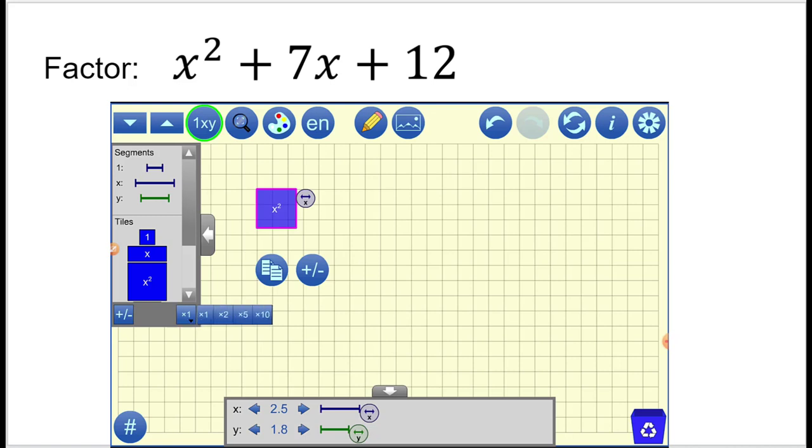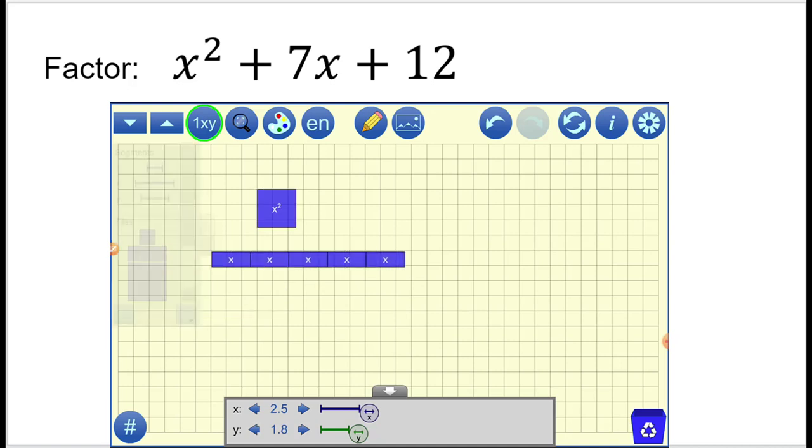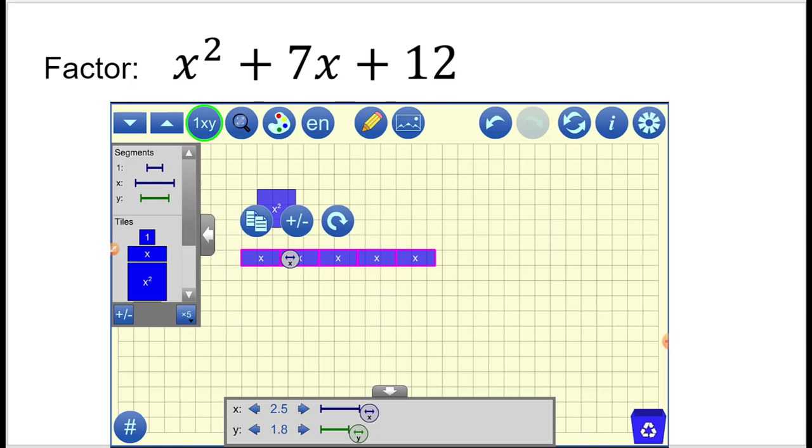The other cool tool they have here is this little multiplier. If we need a lot of tiles, like this one, we need 7 x's. So I'm going to go 5 times, and I'm going to grab an x, and then 5 of them will plop out. That's pretty cool. I need 2 more x's, so I'll go to 2, and I'll drag out 2 x's.